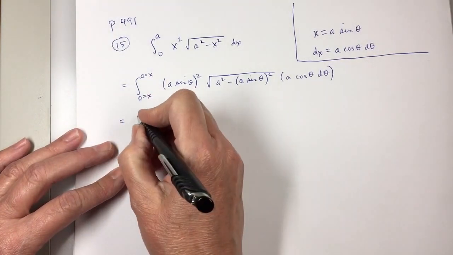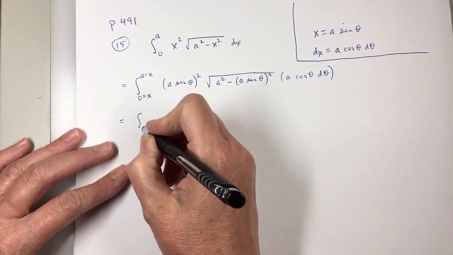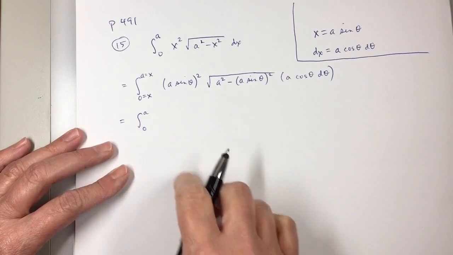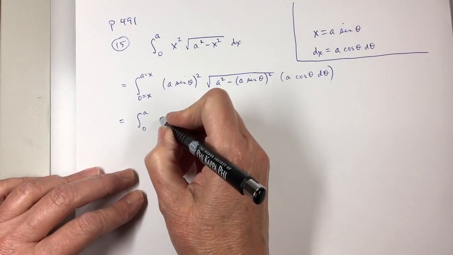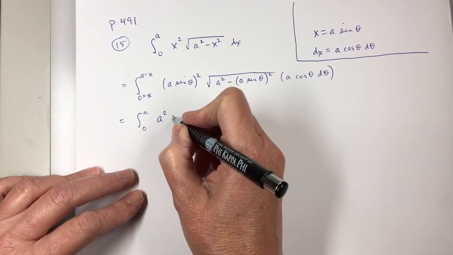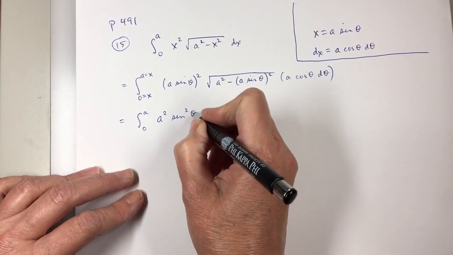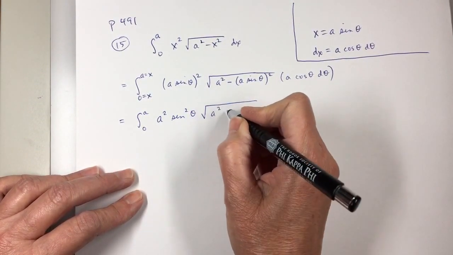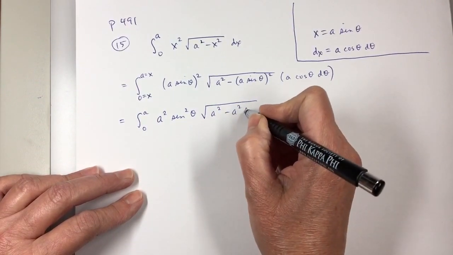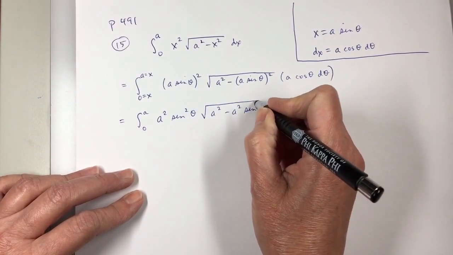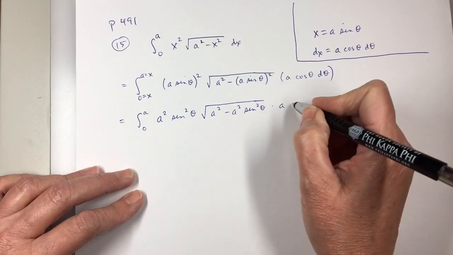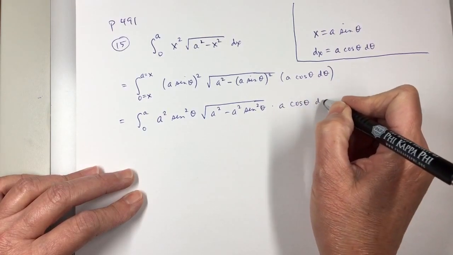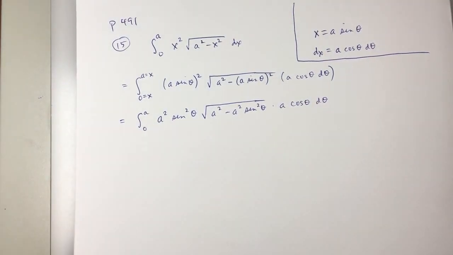Now let's simplify this. So 0 to a, again, those are values for x. A squared sine squared theta times the square root of a squared minus a squared sine squared theta times a cosine theta d theta.